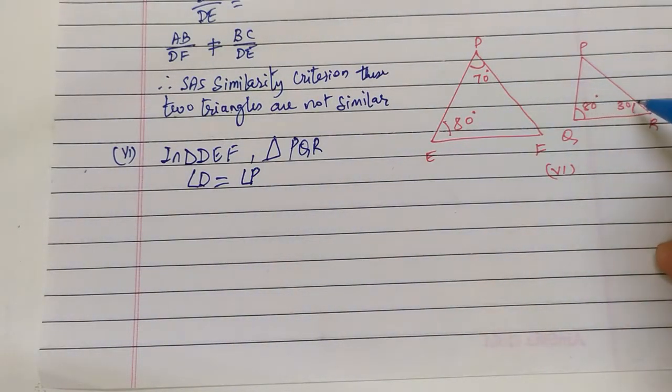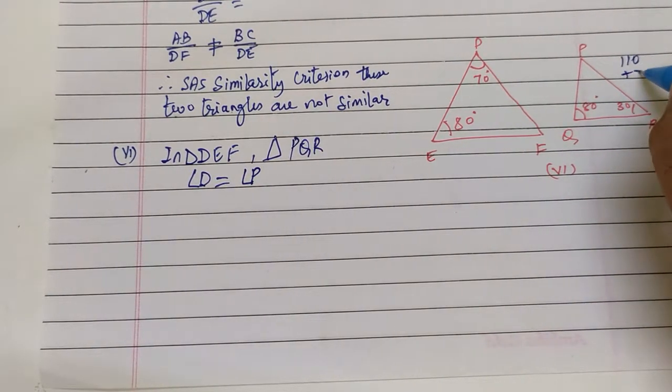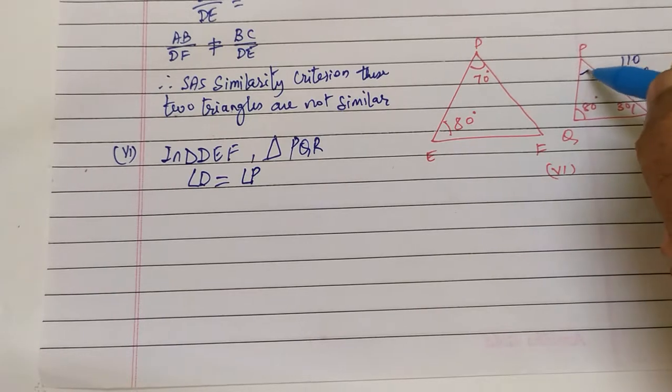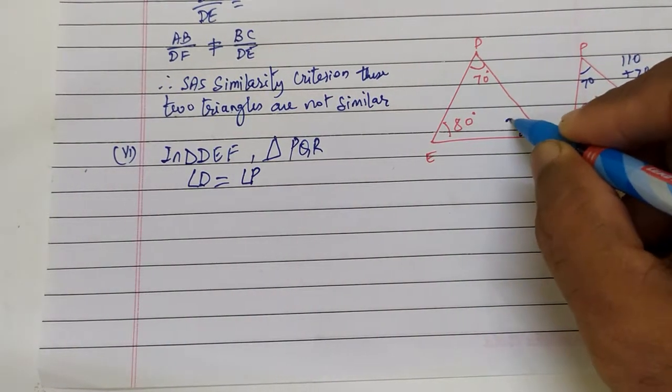If this is 80 plus 30 is 110, 110 plus 70 is 180, therefore this is 70 only. And if it is 80 plus 70 is 150, then this is to be 30.